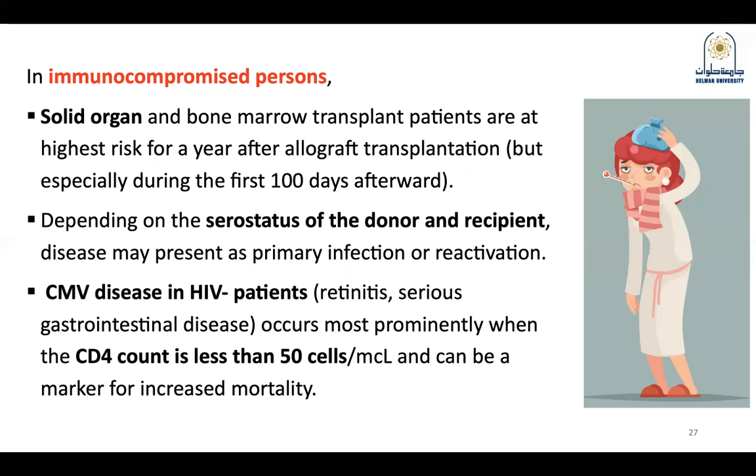HIV infection disables the function of these cells, so HIV patients are at high risk of developing several lethal infections. If this cell count is reduced to less than 50 cells per microliter, those patients will be at high risk of cytomegalovirus infection of the CNS, the eye, the GIT, or the lungs.